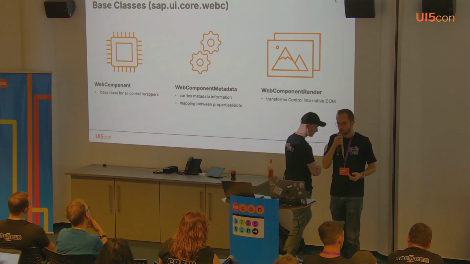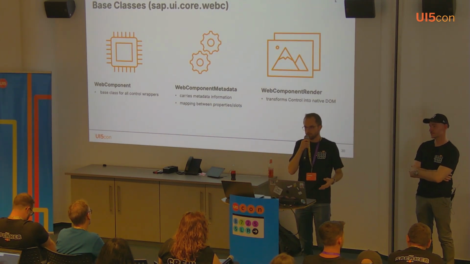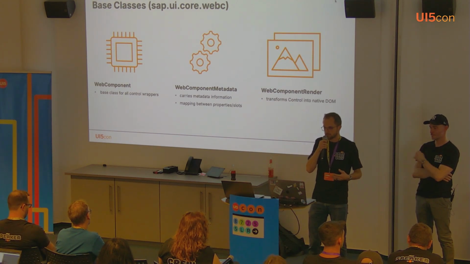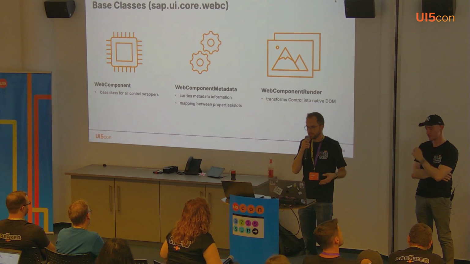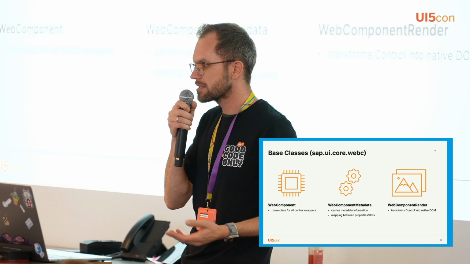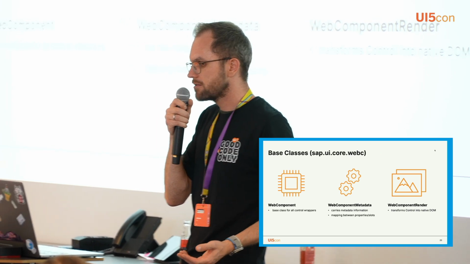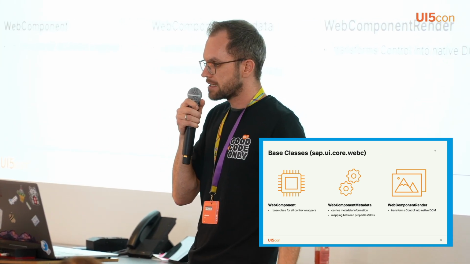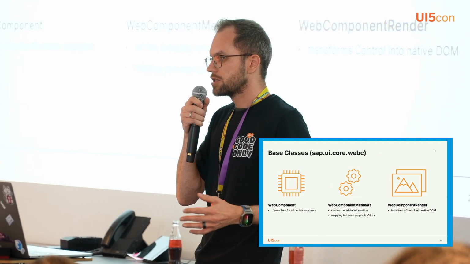So you have there also the metadata, the properties we get from the web component are directly managed or added by the managed object, and you get the setter, getter, the aggregations, the events, all these functions, all the syntactic sugar you get from a UI5 control, you add by this web component base class. We have the metadata, which does some additional mapping stuff.